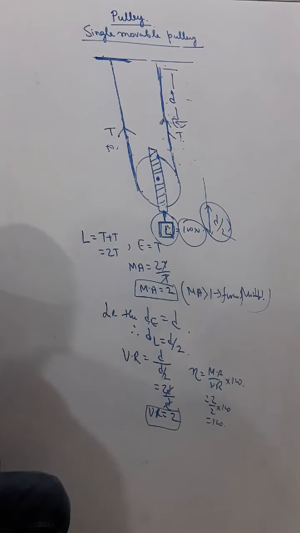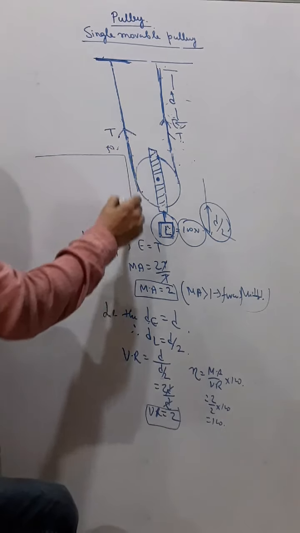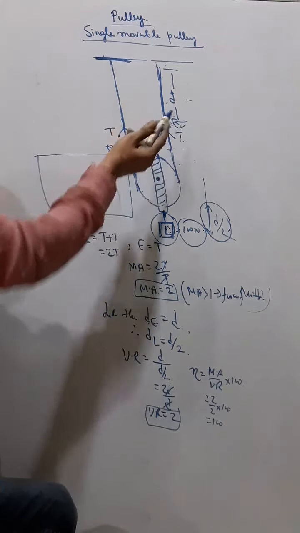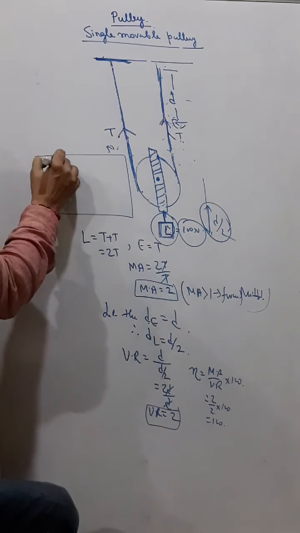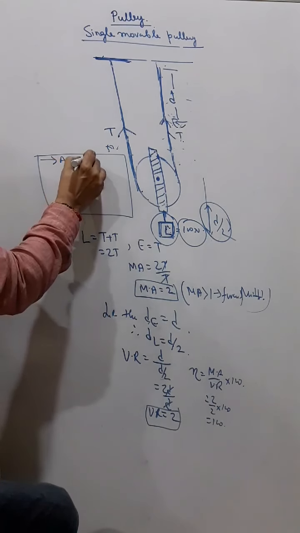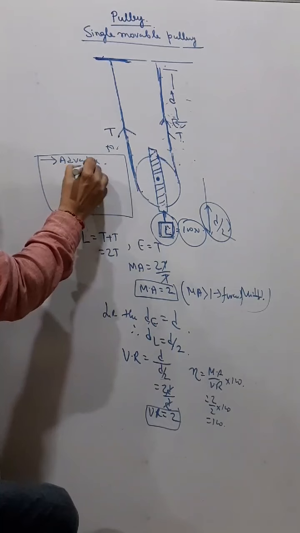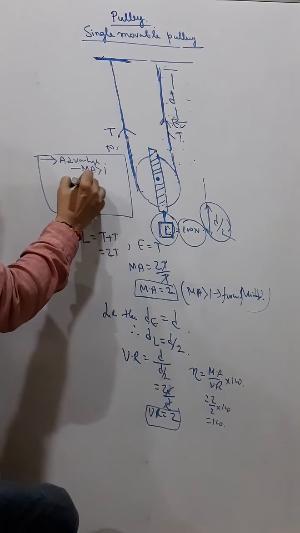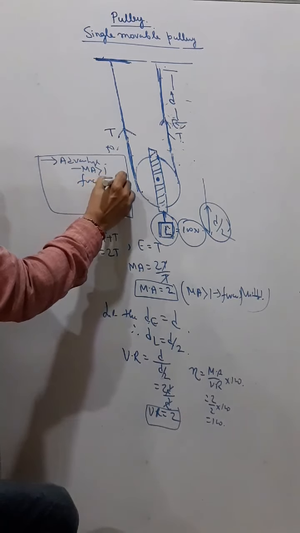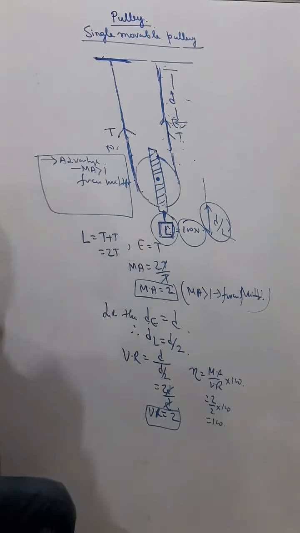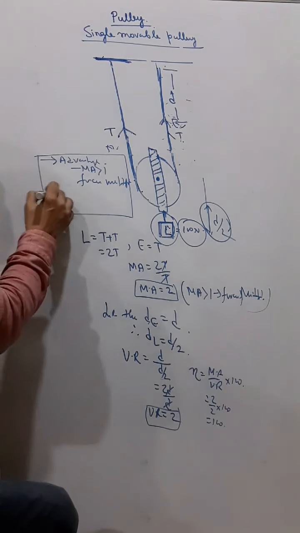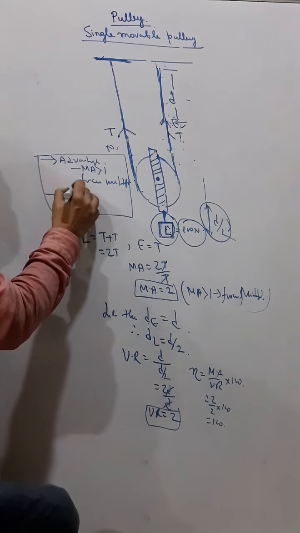Understand? So from here we can say what is the advantage and disadvantage of this single movable pulley. First of all, the advantage you can understand. The advantage is that mechanical advantage is greater than 1, so it is acting as a force multiplier. And you can also understand the disadvantage of it.